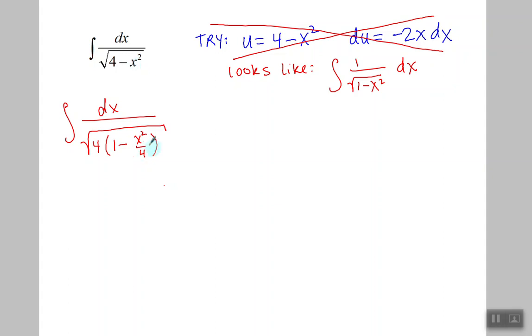Well, now this looks pretty good, but I want to pull that 4 completely out of the radical. So if I take the square root of 4, now that's going to be the integral, I have 2 on the outside, square root, and I'm also going to rewrite that so it's a square, like that is a square, x over 2 squared.